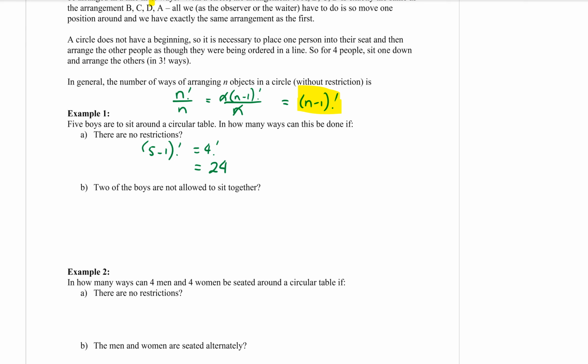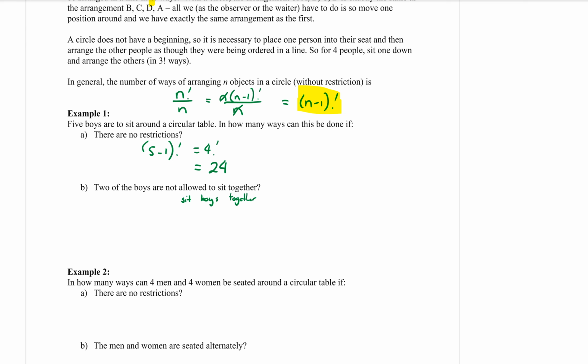So if we put those 2 boys together, they form one group. I had 5 groups, and I'm now down to 4 groups because they're being paired together in one group. But I'm putting them in a circle.